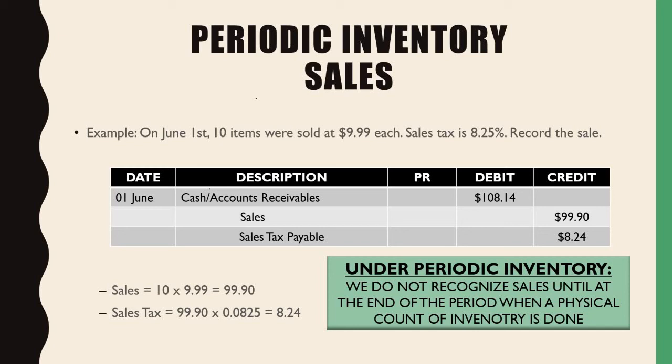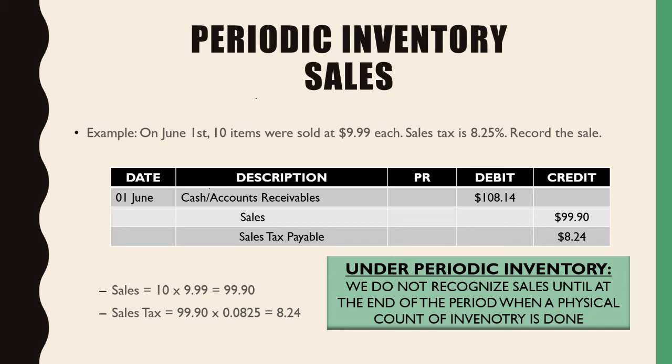So for this case, we made a sale, right? The receipt says you sold 10 items. Now, because we're looking at periodic inventory, we do not need to do an extra step to record the amount of items that we sold. This is our selling price.